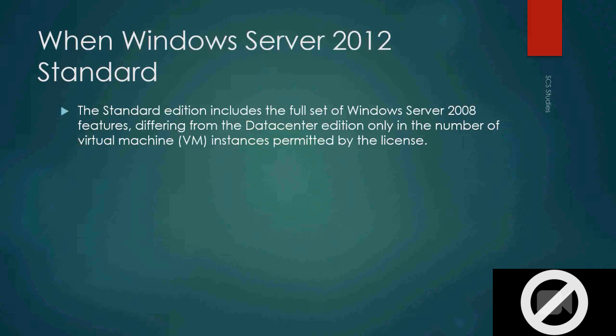The rest of the features are the same as Datacenter. It is for mid-range organizations, they can use Standard. Because everything is the same, the only difference is in the licensing part. So we have to understand the licensing in a later slide.